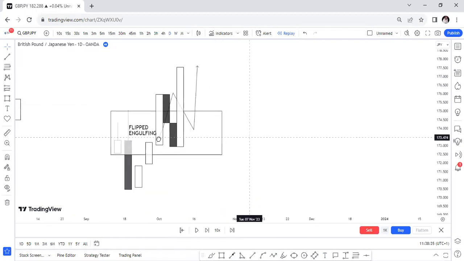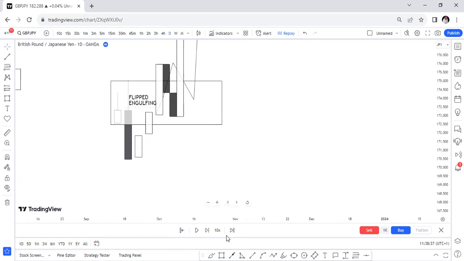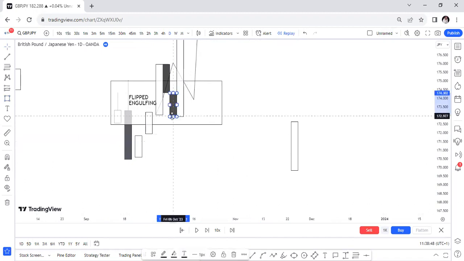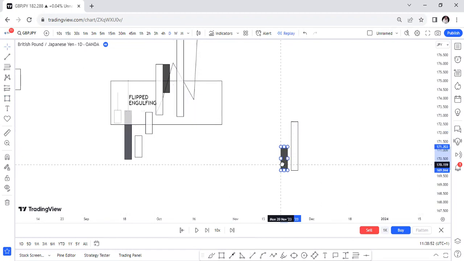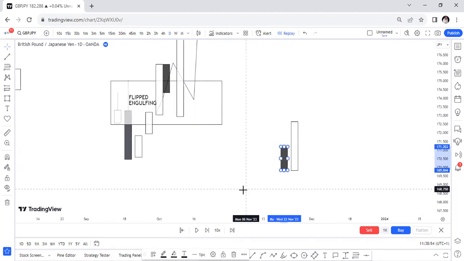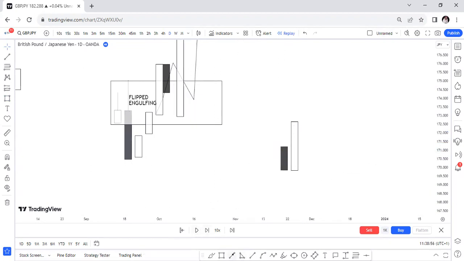Then the other side is the opposite. If you have a bullish engulfing pattern with this candle like this, you have this, then probably you may have something like this.